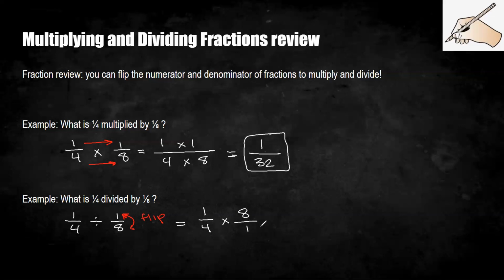Now, we can actually reduce this and cross multiply a bit. So 8 and 4 have a common factor here, and that is actually 4. So if we cross multiply and divide both of these by 4, then you get 2 and 1 here.